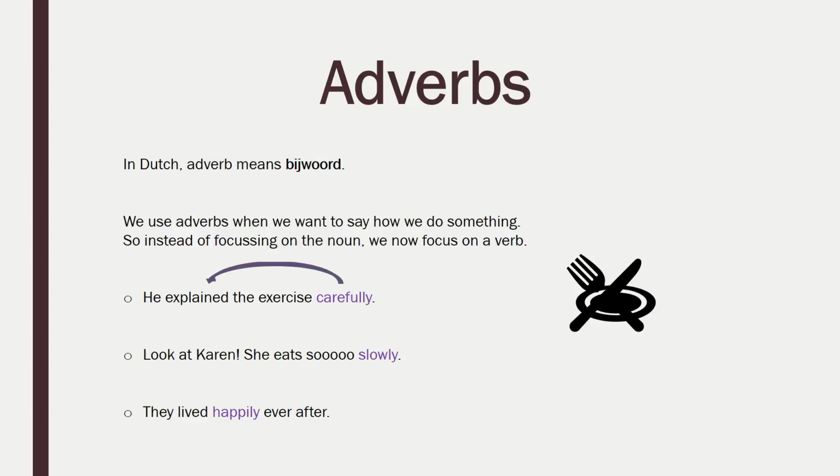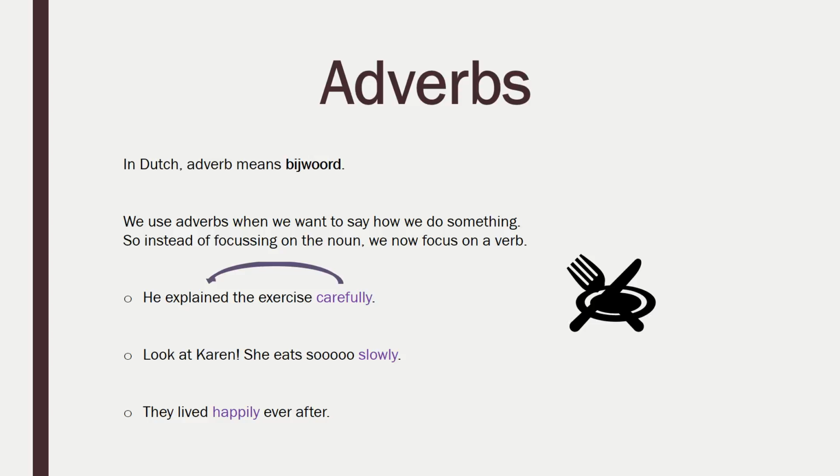How did he explain it? He did it carefully. It doesn't say something about the exercise or the noun. Carefully says something about how he did it, how he explained it, because he explained it carefully. So the next sentence is, look at Karen, she eats so slowly. And slowly says something about the way she eats.